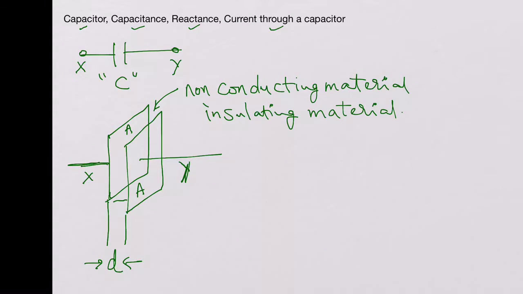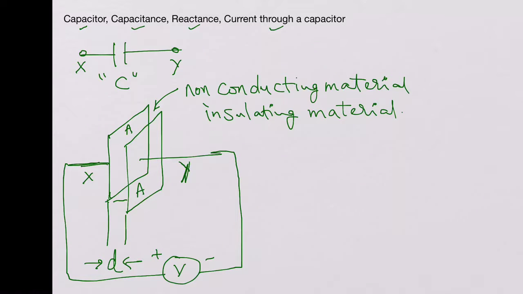Now if we hook up this capacitor in a circuit to a battery or a voltage source V, plus minus, a DC source for example, and then we close the circuit.